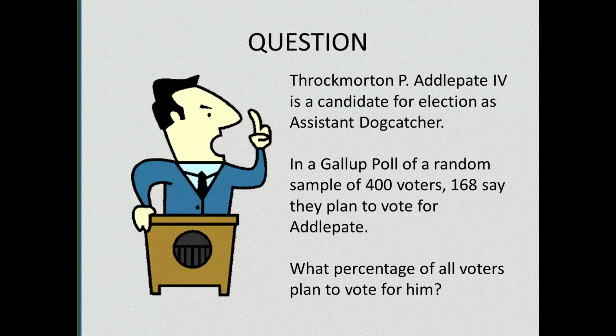Gallup did a poll. They surveyed 400 voters, 168 of whom said they planned to support the candidate. And the question was, what percentage of all voters plan to support him? How do we answer that question?